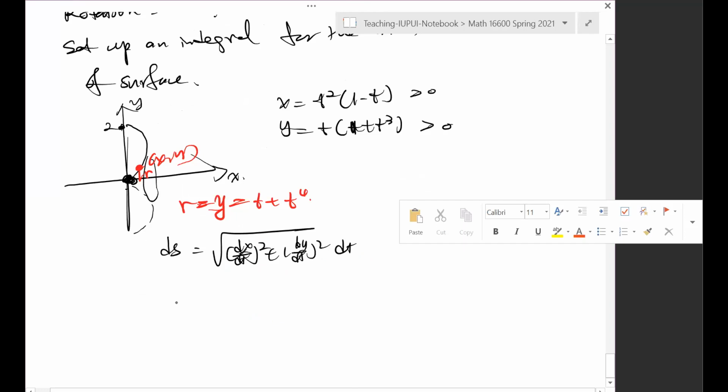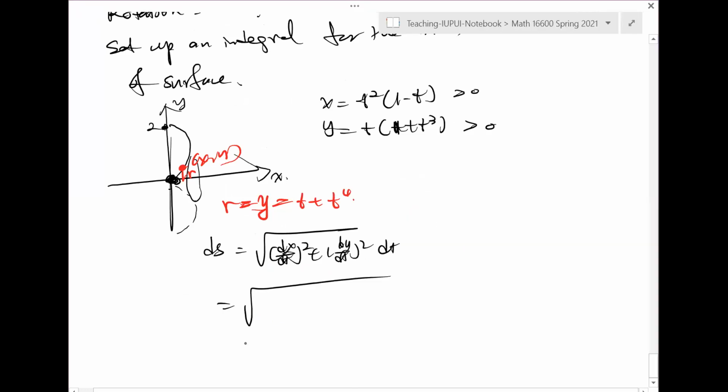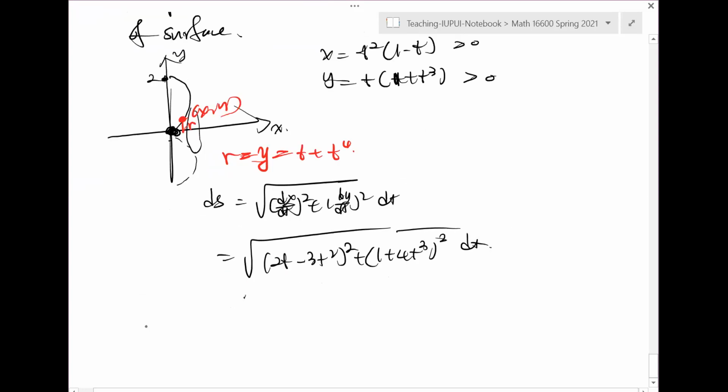And you can differentiate, right? The derivative of this will be (2t minus 3t squared) squared plus (1 plus 4t cubed) squared, dt. So you get everything. Then the formula for the area is going to be the integral of 2 pi r ds, right?